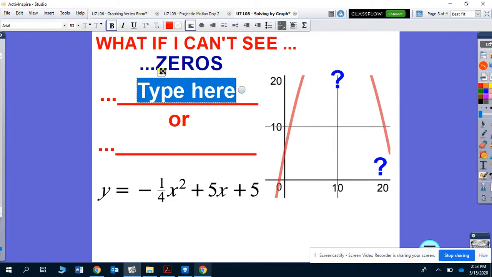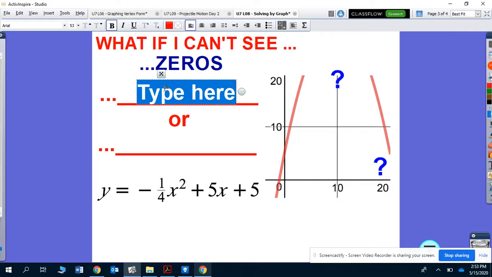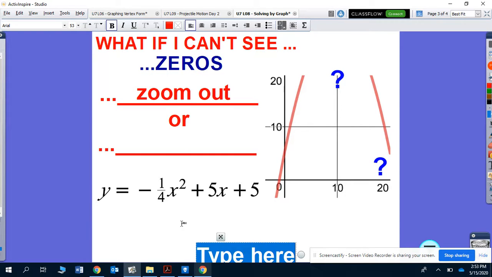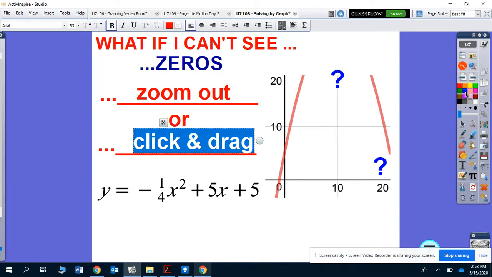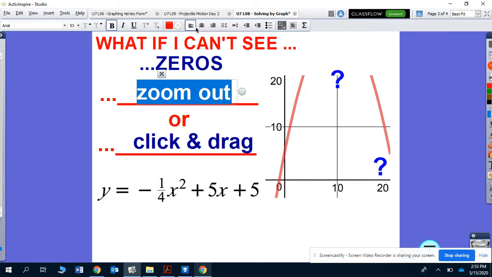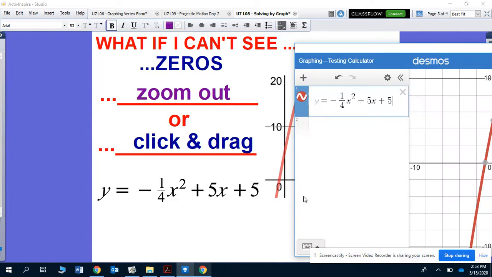If you can't see your zeros, you can either zoom out, or you can simply click and drag. So you either zoom out or click and drag. Either one, it's completely up to you, whichever you prefer. Sometimes one will be better than the other, but honestly either one is going to be just fine.